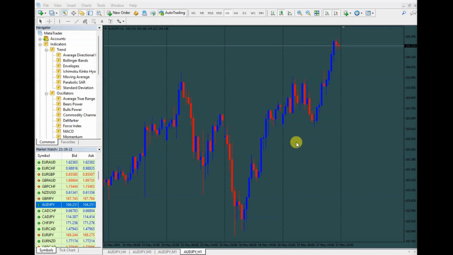First, we are going to start with the Exponential Moving Averages, the EMAs. We have 3 EMAs: 50 EMA, 100 EMA, and 200 EMA. So let's start adding them to the chart.